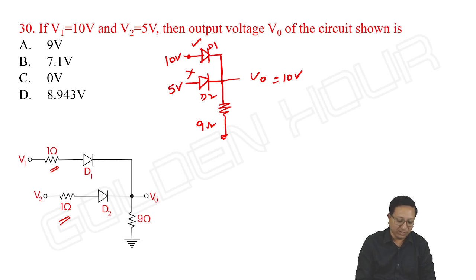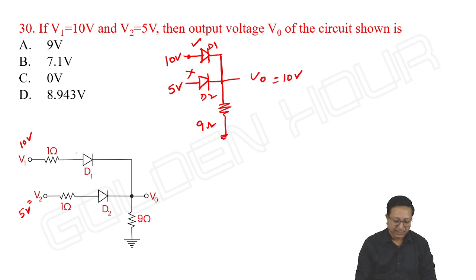Okay, so here we do not know this voltage and this voltage. Then how do we do this problem? See, if you observe this, V1 is equal to 10 volts and V2 is equal to 5 volts.